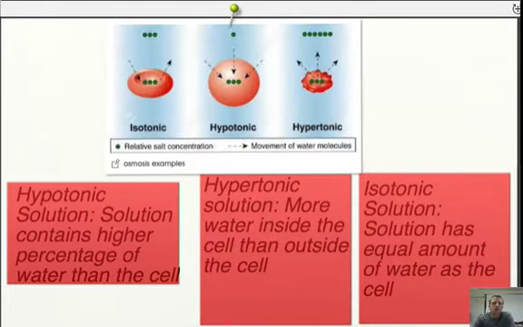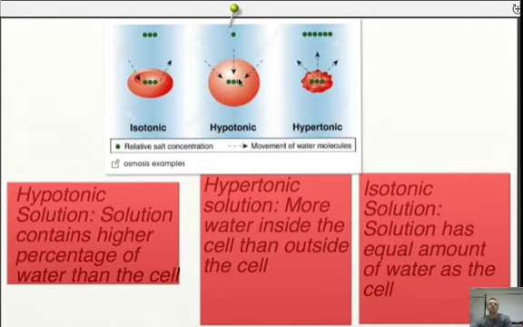Now notice this picture here. We've got isotonic, hypotonic, and hypertonic. Remember, we talked about hypertonic having more percentage outside the cell. That's why you only have 3 salt concentration inside, where you have 6 outside. So remember, there's more outside than inside the cell itself.